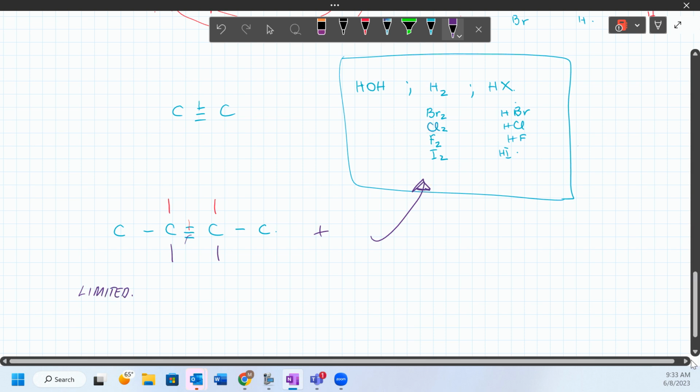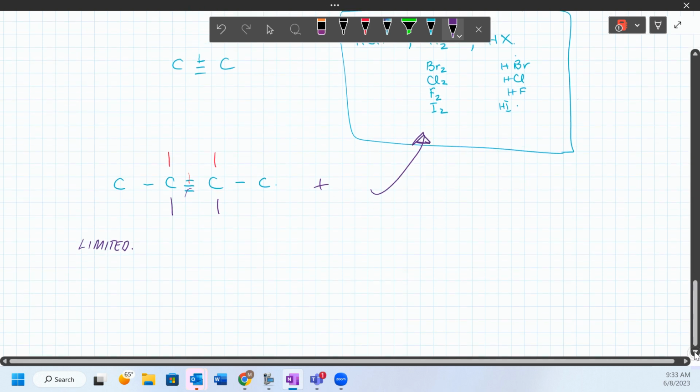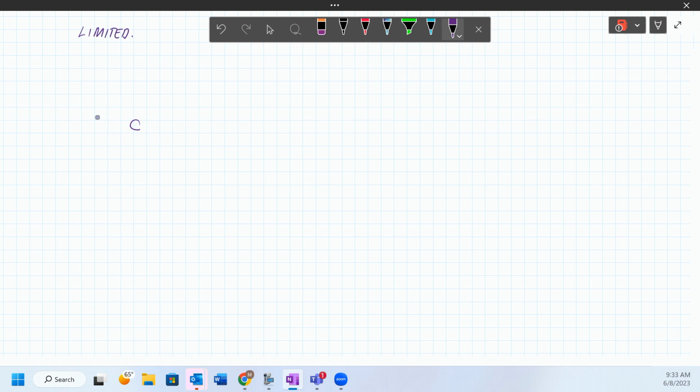So I will stick with this one here, so we have H, and then 4, H. And it is reacting in this case, let's suppose, with chlorine gas.